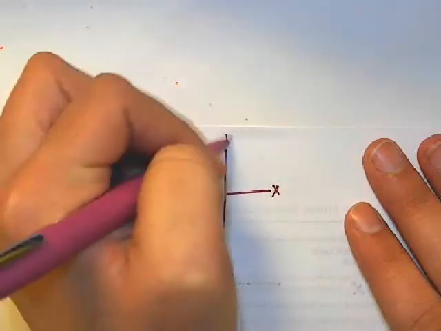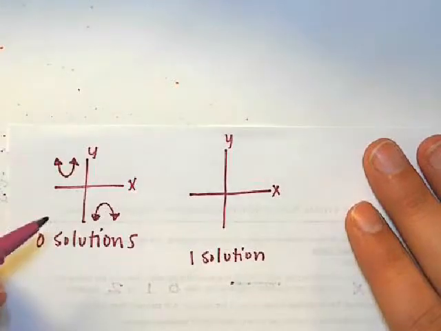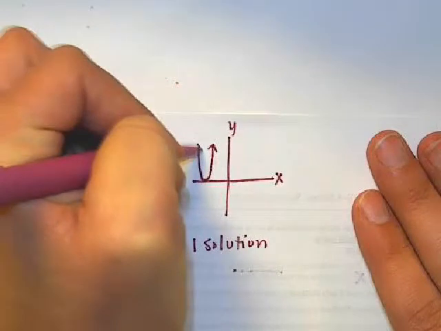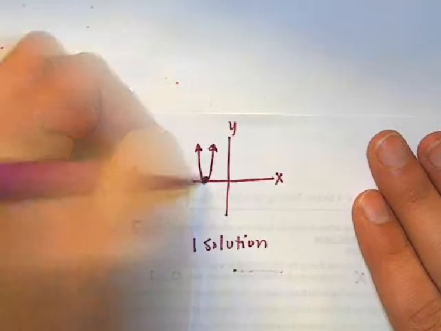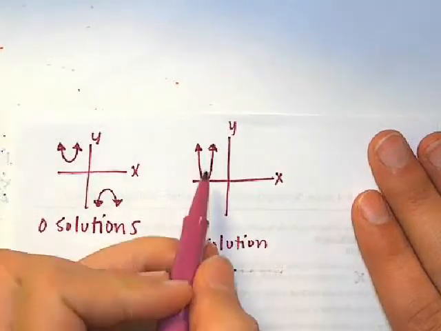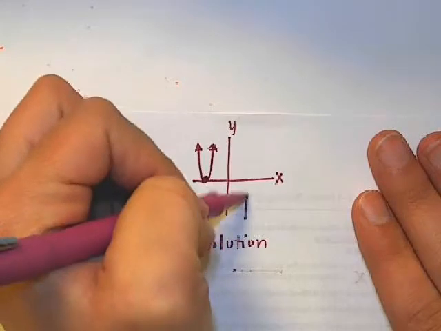Another one, if we had 1 solution, that would be if our vertex touched the x-axis at one point. That means that we have 1 solution. Does it have to be going up, and does it have to be on this side over here? No. It could also be going down.